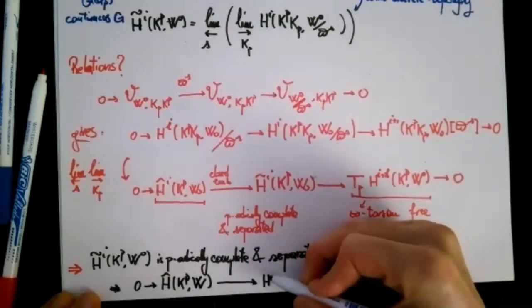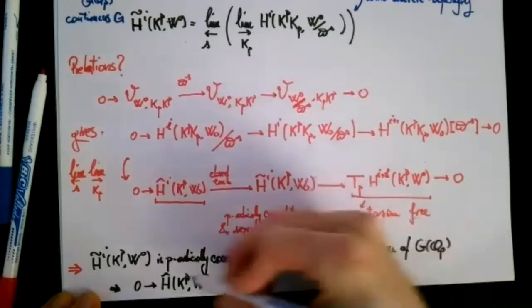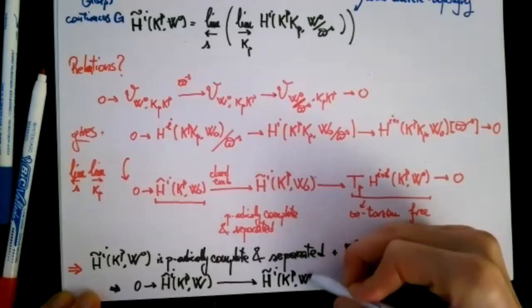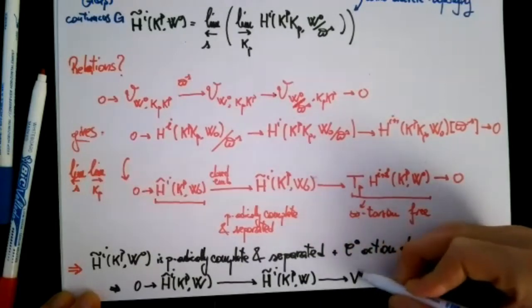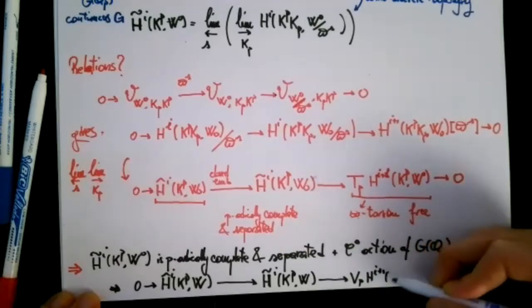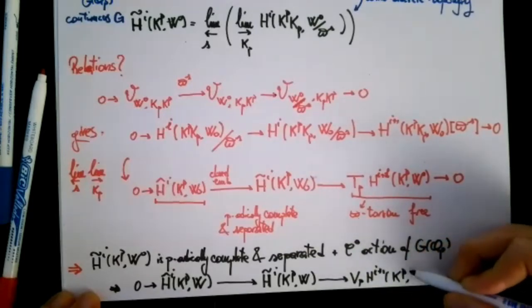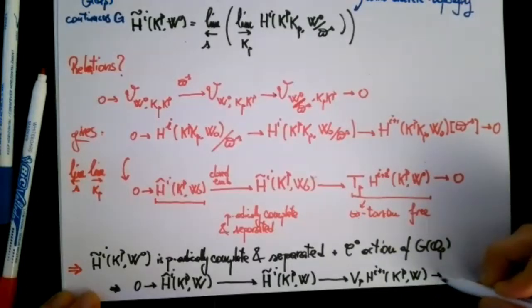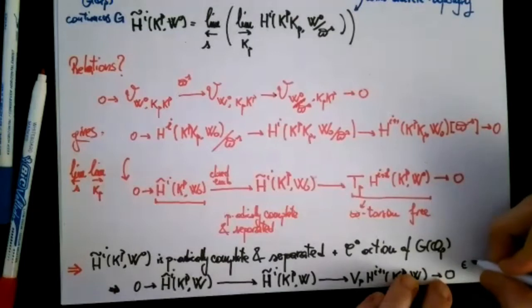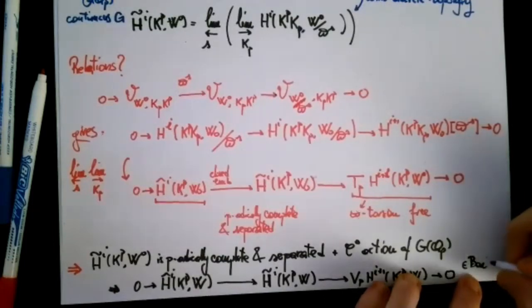Here we have H twiddle, K^p, W. And here we have V_p, H^{i+1}, K^p, W. And this is in the category of Banach space representations of G(Q_p) with E coefficients.